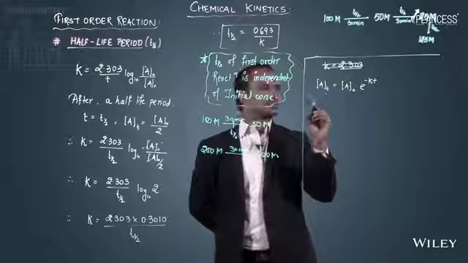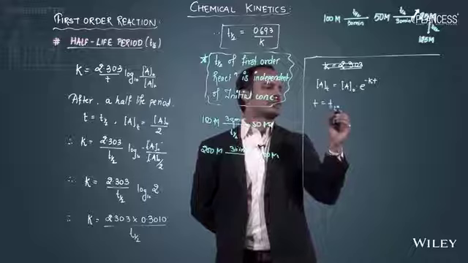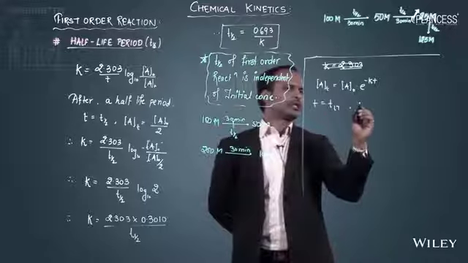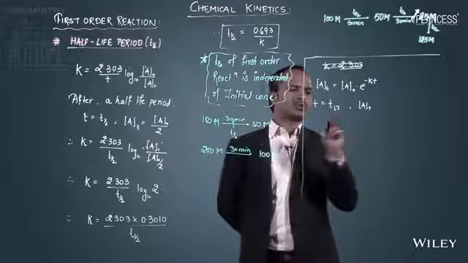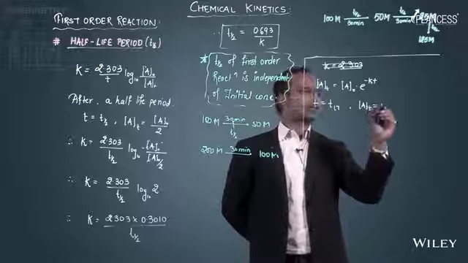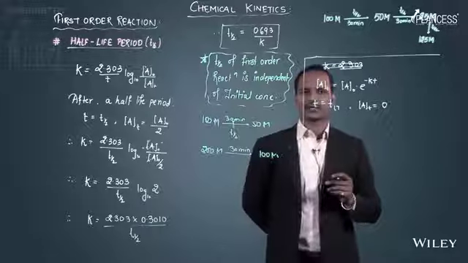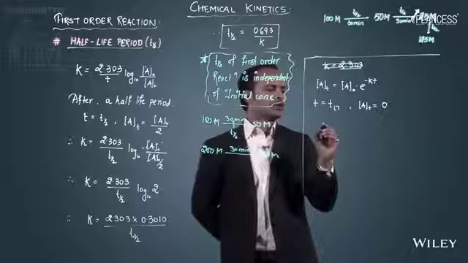Now, if the time t is equal to the total lifetime, then I'm talking about all the reactant having been consumed. So the reaction is completed, that means no reactant is left. A t is equal to 0.